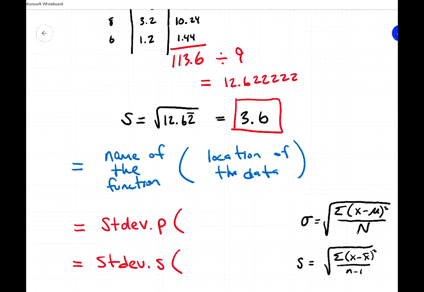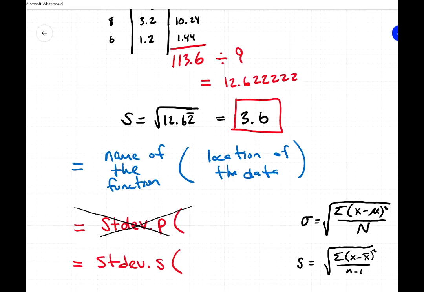So there's no minus 1 in the formula for population standard deviation. For this particular problem, if we use the top formula, we would divide by 10 if that was the population. But since it's just a sample, we divide by n minus 1, which is 9. Slight difference between the two formulas. So we're not going to use this one, because in the original problem, this is a sample of 10 students, sample of 10 people, whatever it was.